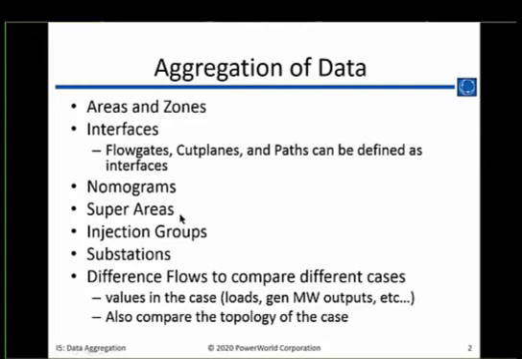And then that allows you to still keep the underlying area structure, but for dispatch purposes, treat it all as one so that the power can flow freely between the member areas without restrictions on that or import-export restrictions.